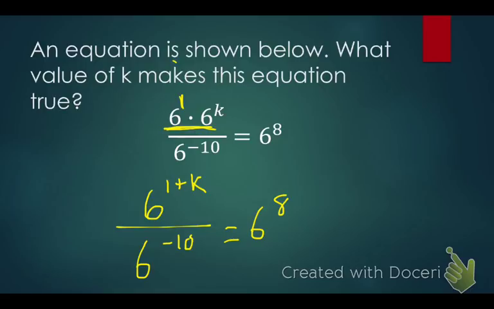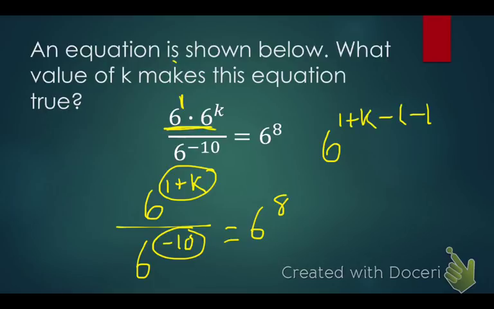From there, I would subtract. Okay, so I would keep my base. 6 is still going to be my base. And I'm going to take my exponents, 1 plus k minus -10. Well, if I add the opposite, that becomes 1 plus k plus 10. And I know that has to equal 6 to the 8.